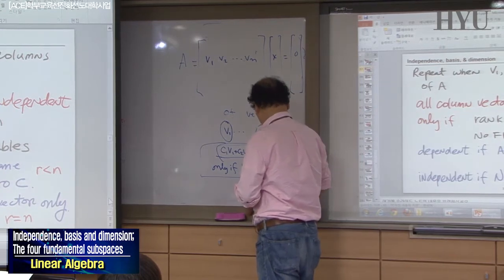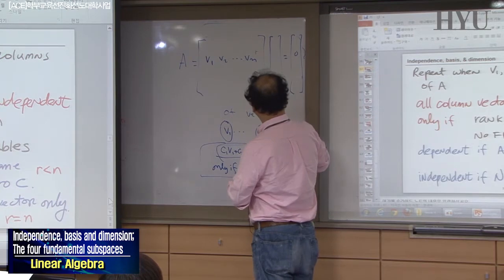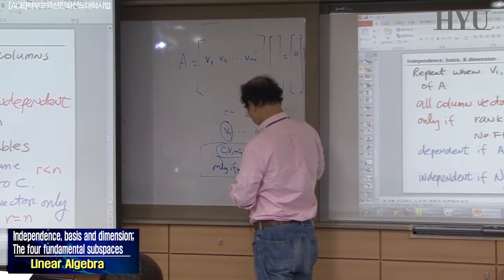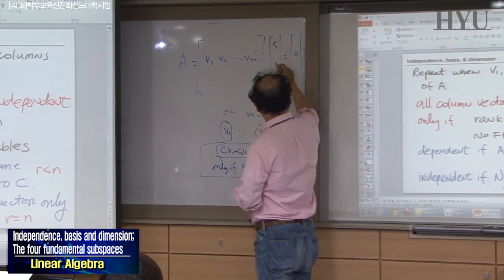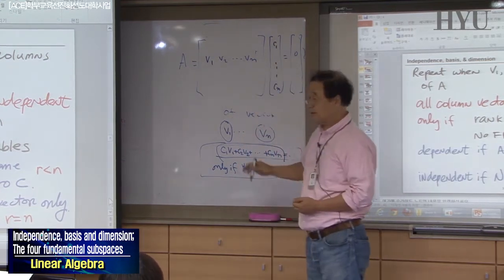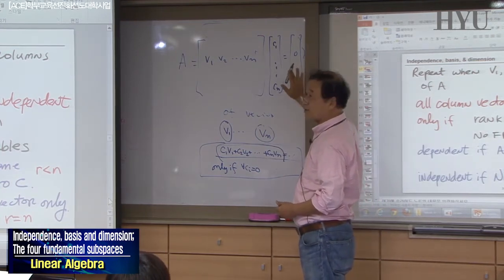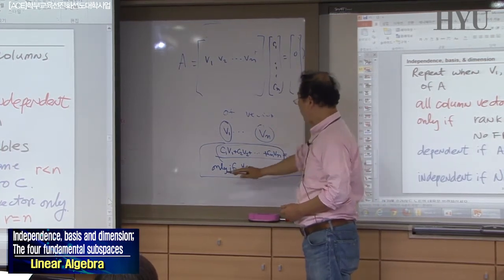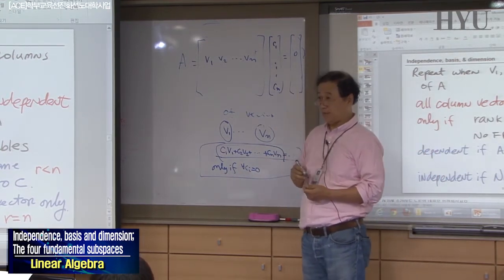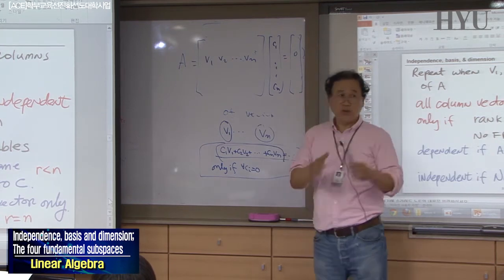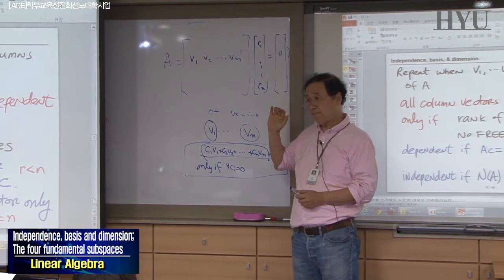This is another view: C1 through Cn, the same, right? It's 0, so this solution is satisfied only if all the C's are 0. Then I say this is independent, because we are saying the same thing using different notations. Okay?